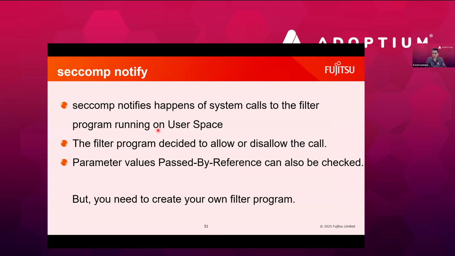It allows the kernel to pause a system call and delegate the allow or deny decision to a helper or filter program running in user space. The filter program then inspects the calling process's memory to read the file name and make a more informed decision. But the trade-off is that you are now responsible for creating and running this filter program.